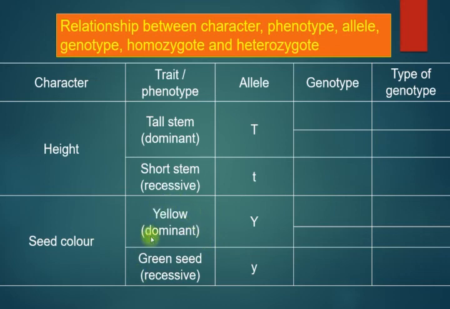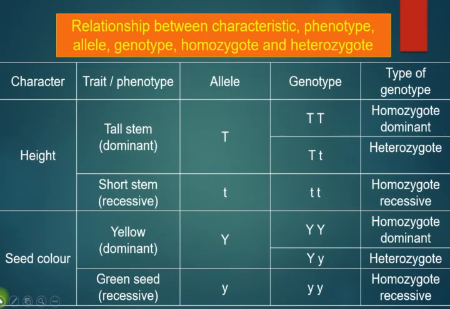So the yellow trait is represented by the dominant allele, big Y. Small y represents the recessive allele of the green trait. Please try to fill up. Okay, so this is the answer.